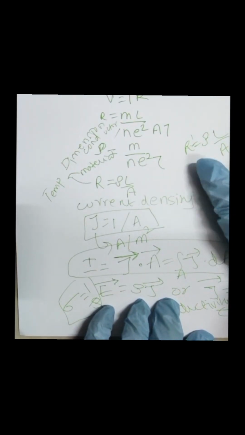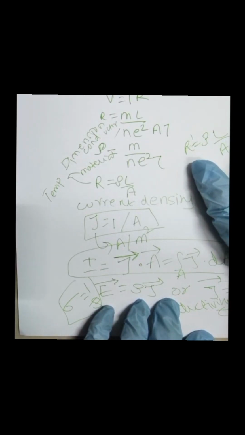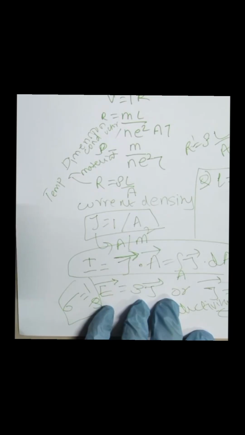Resistivity does not depend on length, area, like that. But resistance depends on dimensions and temperature, and dimensions means length and area. If one question asks, if length is made double, how much is the resistance?